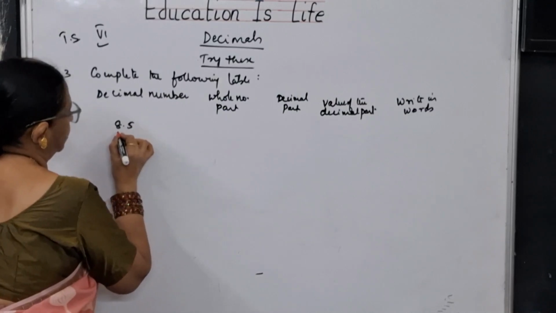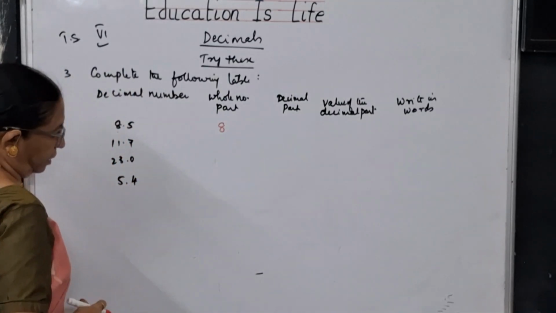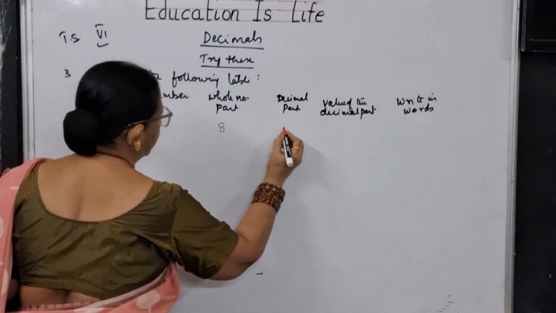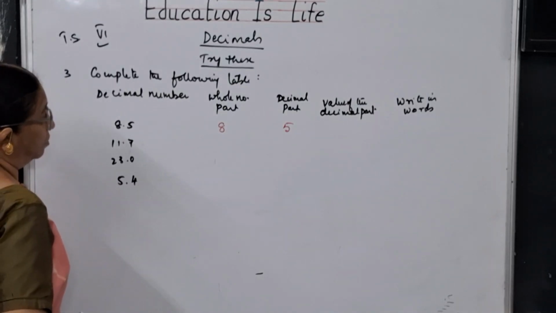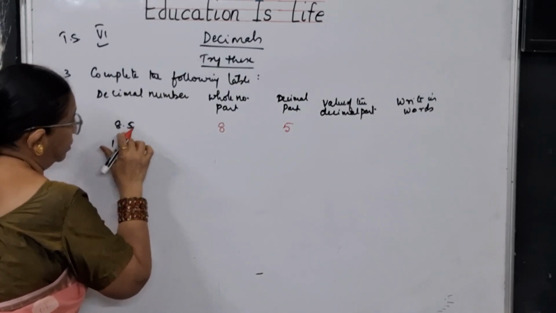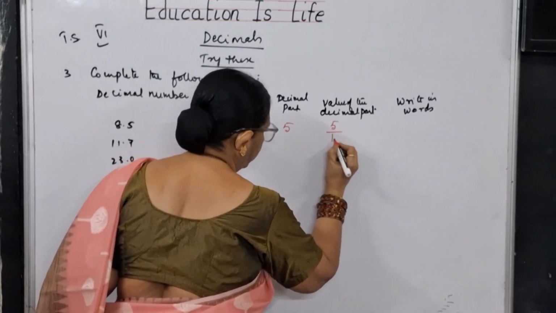This is the whole number part, 8. And this is the decimal part, which is 5. So what is the value of the decimal part? After the decimal, the first number is this. So the value is 5 divided by 10.